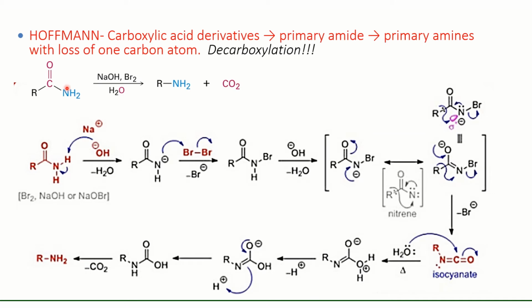You can see here in the Hoffmann, we have sodium hydroxide with bromine, followed by hydrolysis, and that realizes our primary amine. All we're doing is we remove a proton with the hydroxide to form this resonance-stabilized amidic anion, which then attacks our bromine. Remind yourself of what exactly happens with an enolate. In the case of an enolate, this would be a carbon. And so now we have the bromine on this nitrogen.